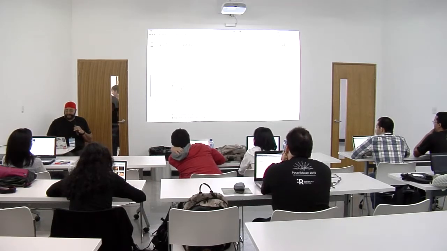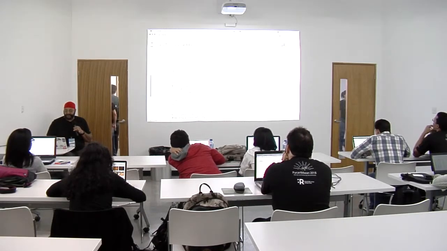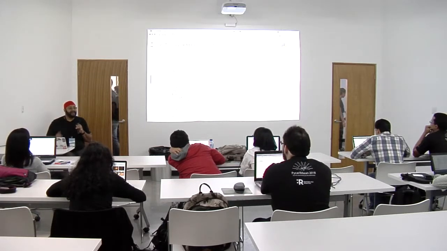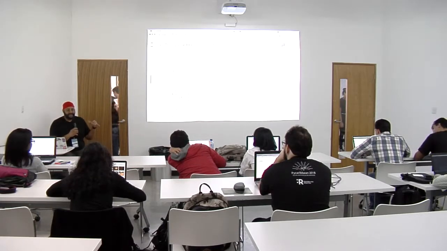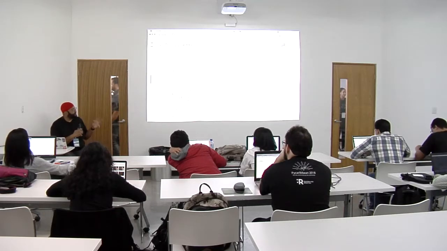There are 2 other functions I'm going to point out that are useful for people who are learning Python: the help function and the dir function. If you remember my talk yesterday, I talked a little bit about doc strings and how the doc string is what gets used for help.